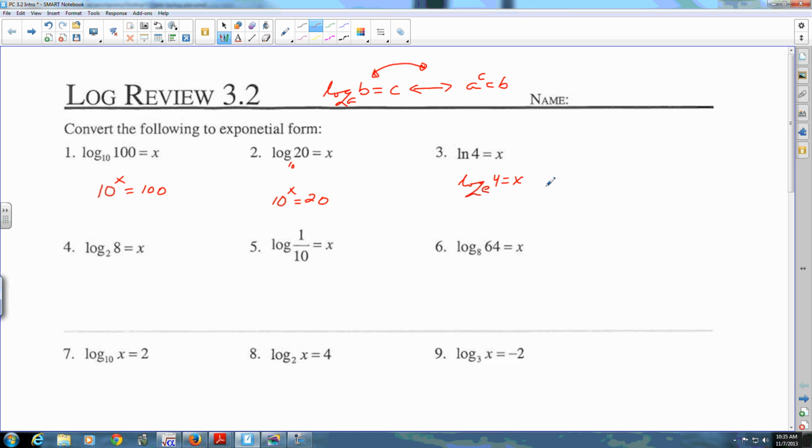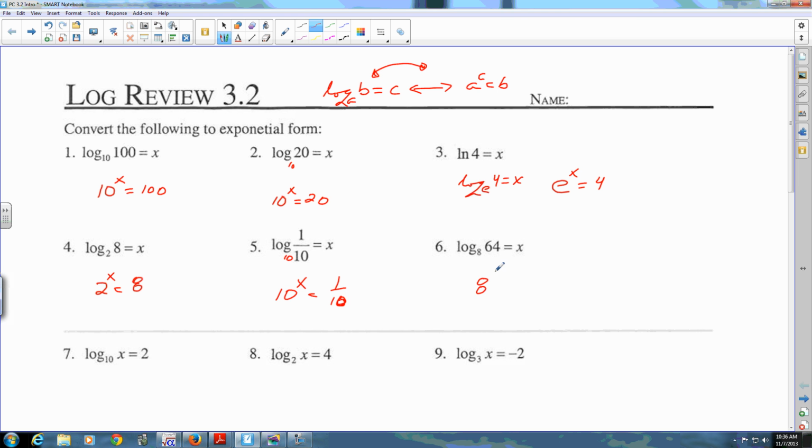The translation would be e to the x is equal to 4. This would be 2 to the x is equal to 8. This would be base 10 because it's missing. 10 to the x is equal to 1 over 10.